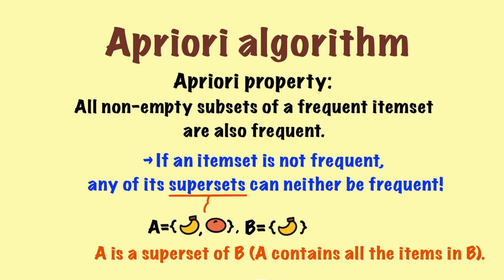For instance, if B is not frequent, then A is also not frequent because A is a superset of B. To explain, if A is a frequent item set, then B must also be frequent because A contains all the items in B. What I'm saying now is in fact the a priori property, so they are just simple logic, not difficult math.